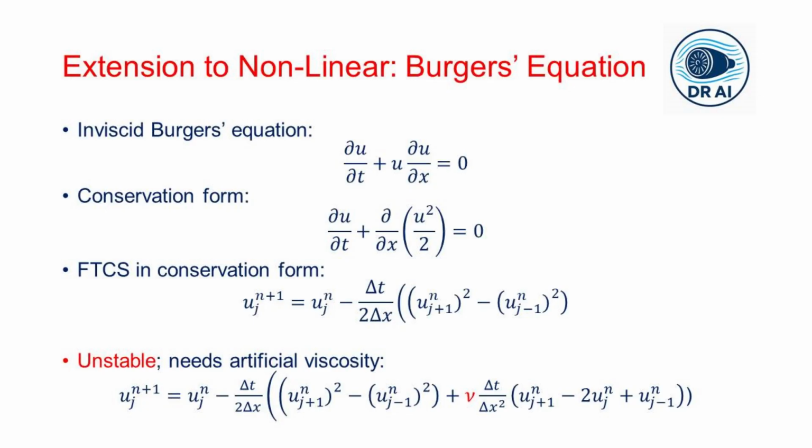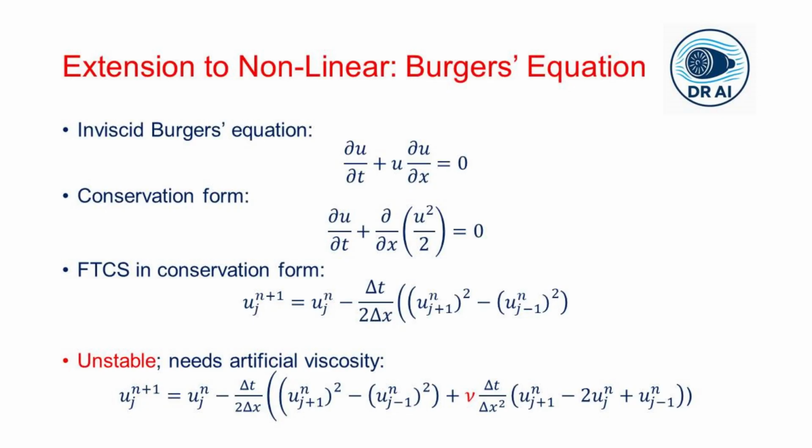Now, this scheme inherits the same instability as the linear advection case, but the instability is even more severe because the local wave speed u varies. Near shocks, the gradient steepens, and the scheme inevitably blows up unless we add artificial viscosity or use a more sophisticated method.